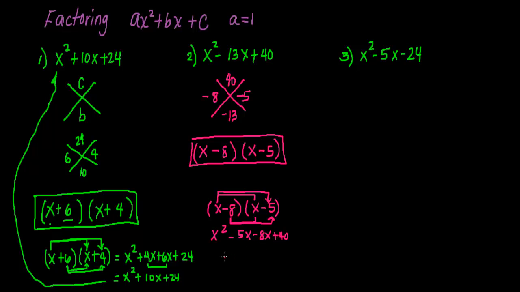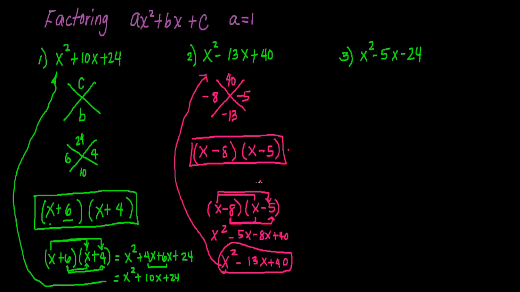And you simplify by combining like terms, you get x squared minus 13x plus 40. You do get back what you had originally. That means that this answer that you found is correct. And this would be your answer. This is just the check part of it, which you don't have to do, but it's a good idea to do it just to make sure that you're right.